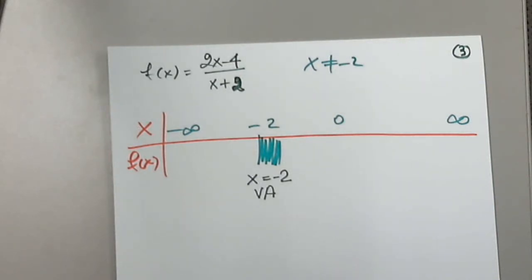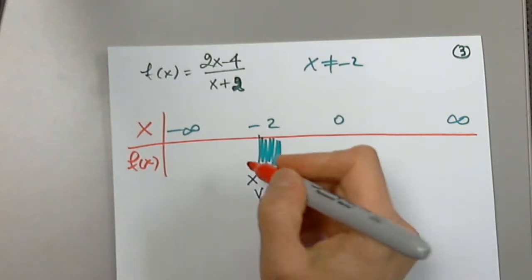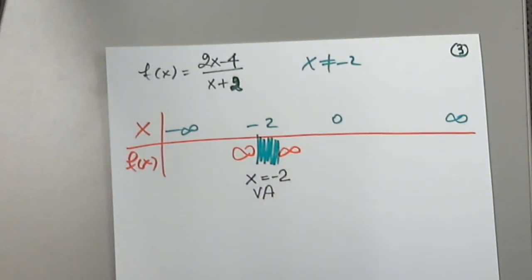On this side, it goes to -infinity. Fourth option. On this side goes to -infinity, and on this side goes to +infinity. So if I say to you, there is a vertical asymptote at -2, you should say, oh, it means that this side and this side will be infinity for sure, but I don't know the sign yet. It could be both positive, both negative, one positive, one negative. And I would have to establish that right away.